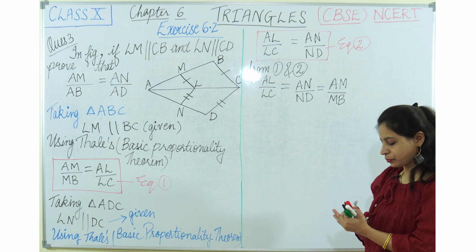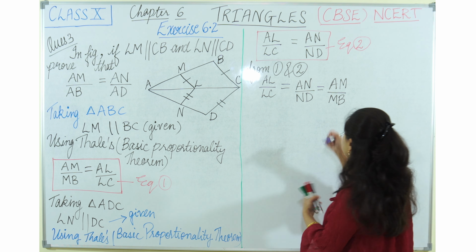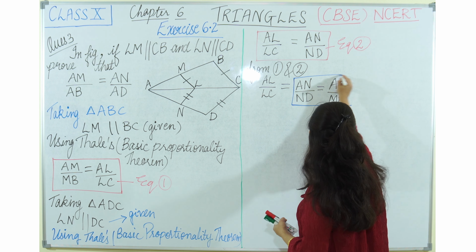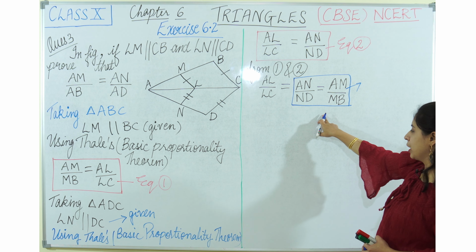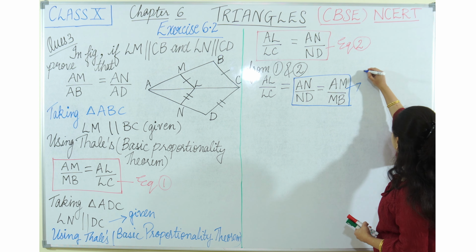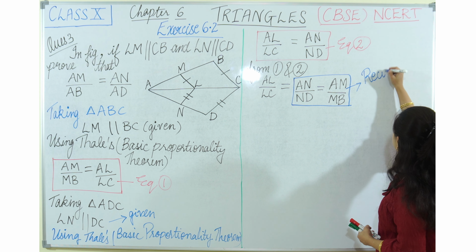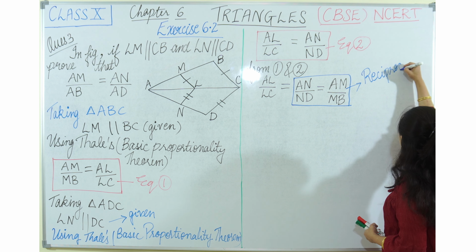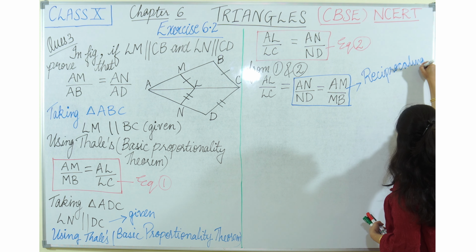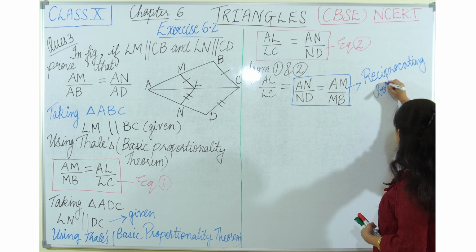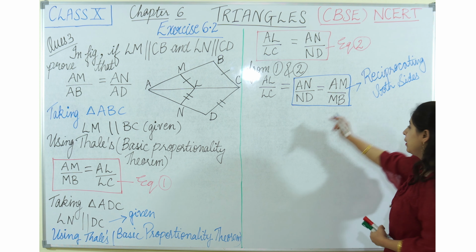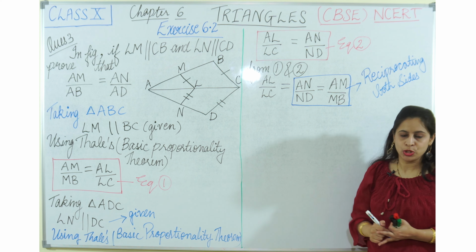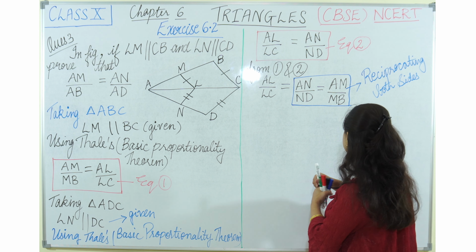So we will take this part of the equation and reciprocate it on both sides. Why we are doing this, I will also let you know. First let us reciprocate it.